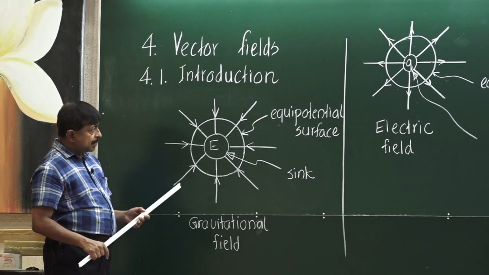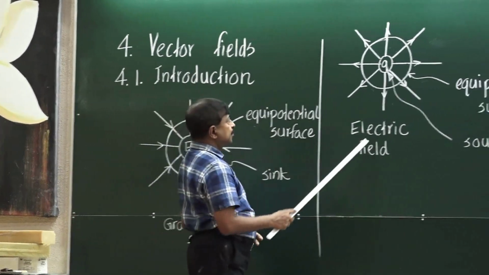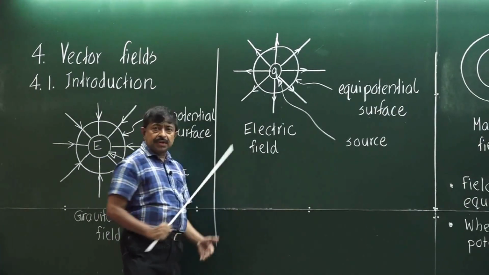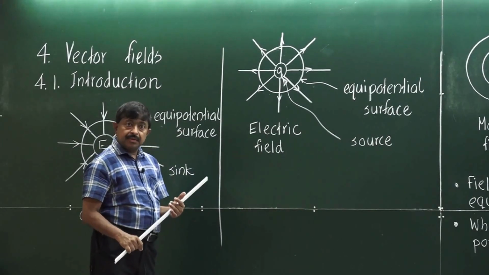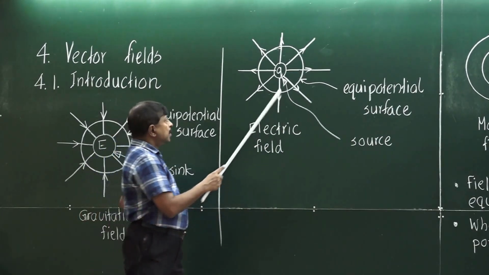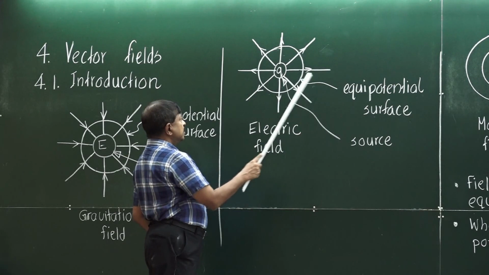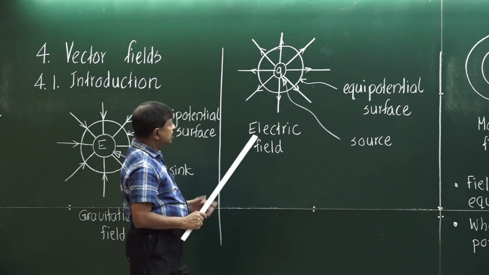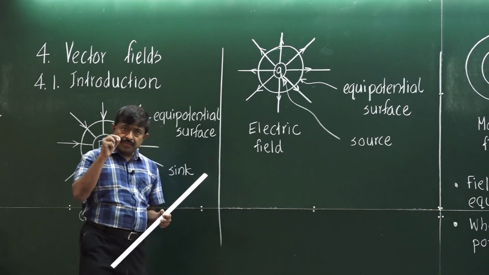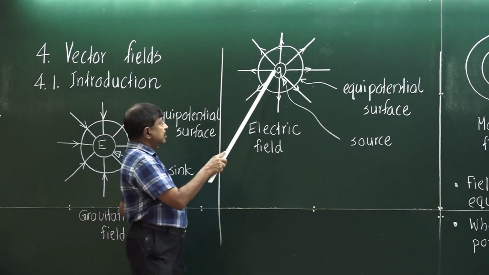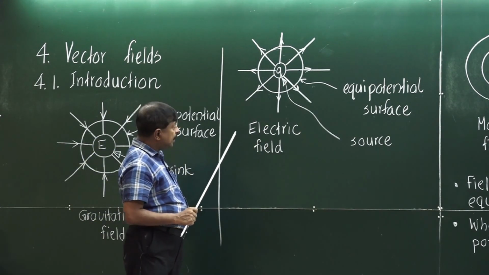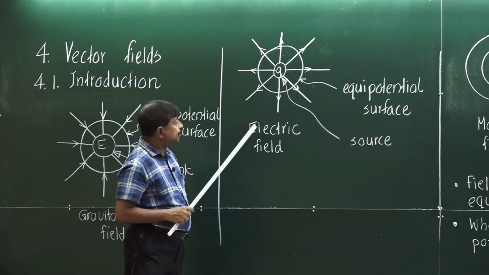The case is the same with the electric field. If you place a positive charge like this in space, the field lines emanate from it. The field lines leave the charged object if it is positive.